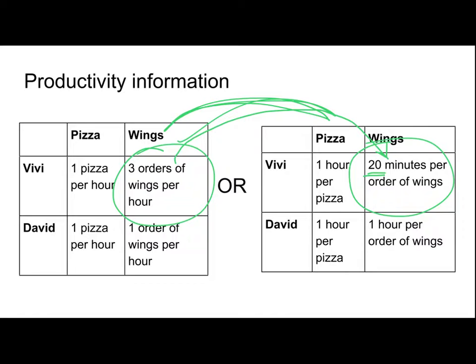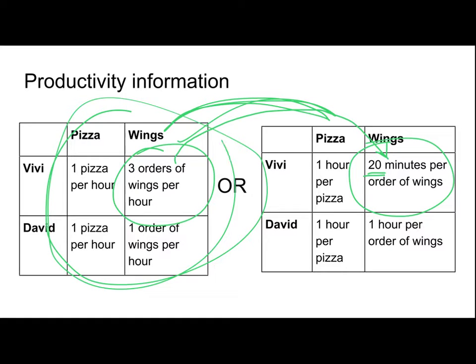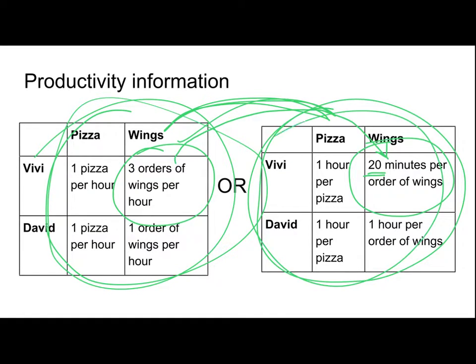If you prefer productivity information in this form of output per hour and you're given it in terms of hours per unit of output, we'll just take all the reciprocals and you're back to where you like it. And there's a 50% chance I give it to you one way or the other way. It shouldn't make any difference to you, so make sure you practice that.